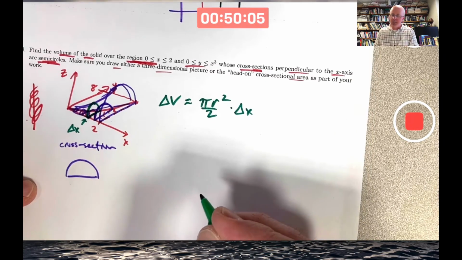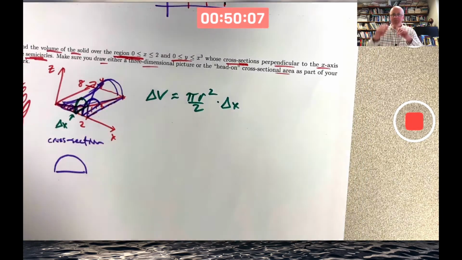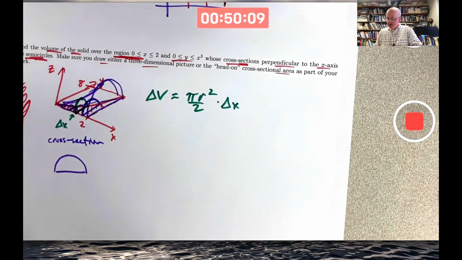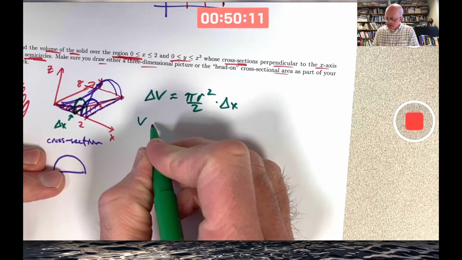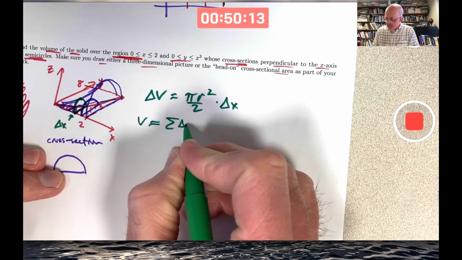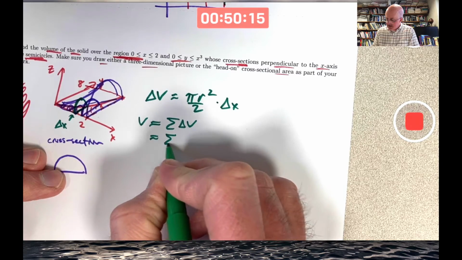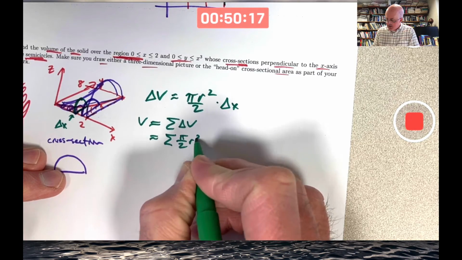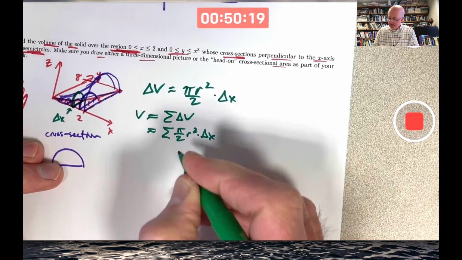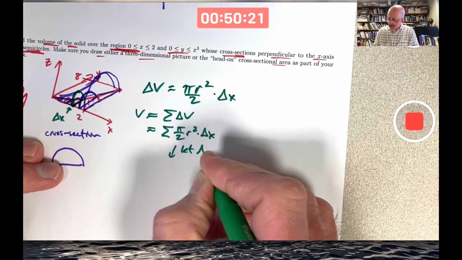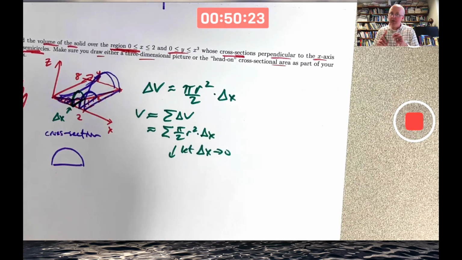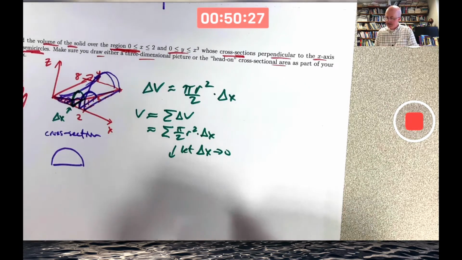Delta x represents the small width of that. You'll see approximate equations looking like this, and then they'll say the total volume is approximately the sum of these little volumes, which is approximately a sum like this, pi over 2 r squared times delta x. And then they'll let delta x go to 0 and get an integral, though we need to do something else too before we can actually do the integral, and I'm not saying what that is quite yet.